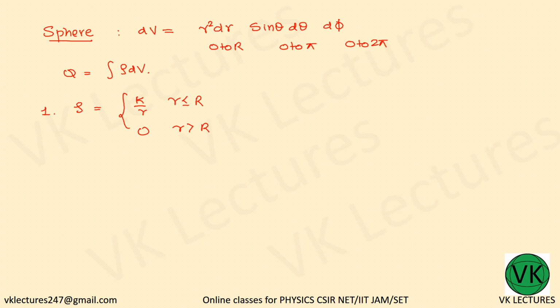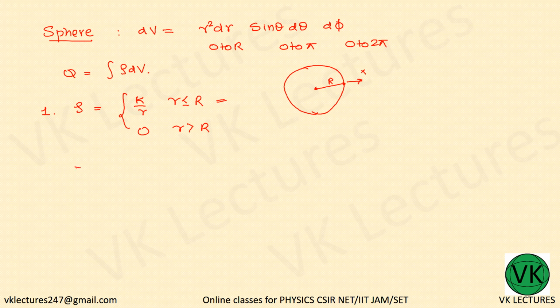That means you have a sphere, and up to capital R you have this as the charge density, and after the radius there is no charge density because there is no sphere present to accumulate charge.